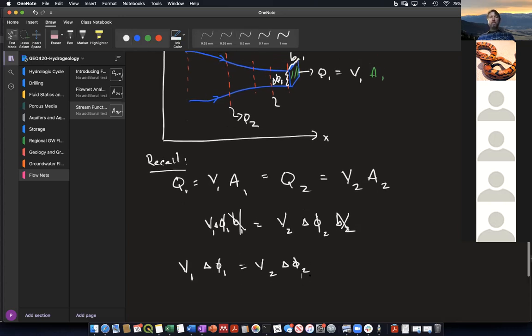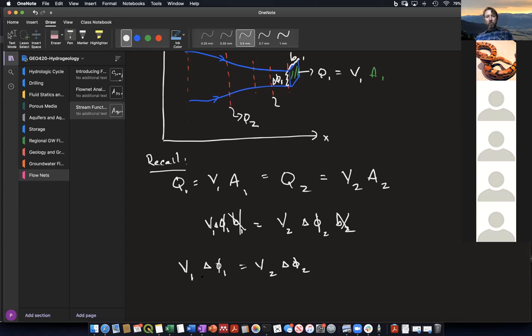So there's an important thing for us to realize here, and that is as the stream tubes get closer together, the velocity must increase.